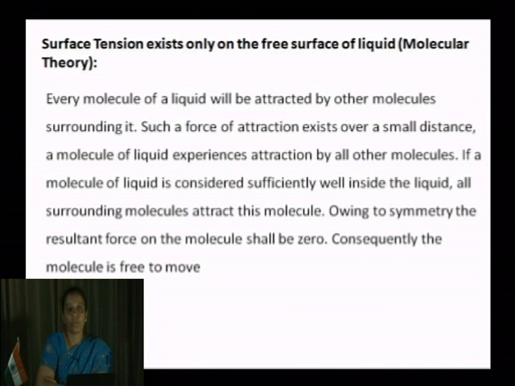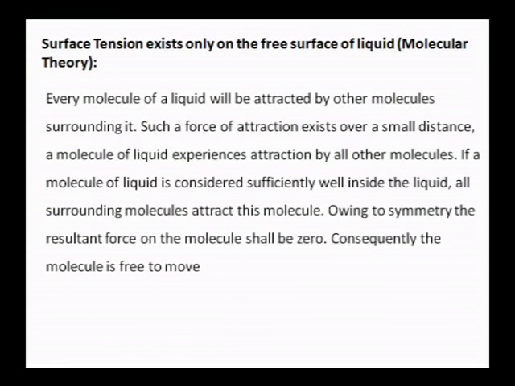So, every molecule of a liquid will be attracted by other molecules surrounding it. Such a force of attraction exists over a small distance. A molecule of liquid experiences attraction by all other molecules within this small distance, and we call that the range.